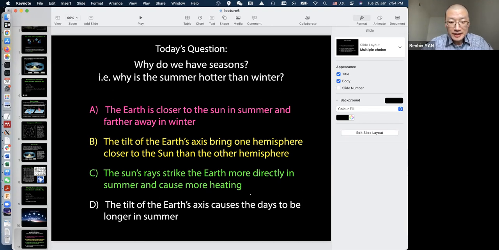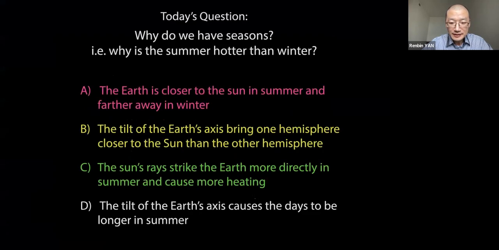I see most of you chose the second one, that it's the tilt of the Earth. Let me see, if I end the poll, do you see the results yourself? No, you don't see the results.